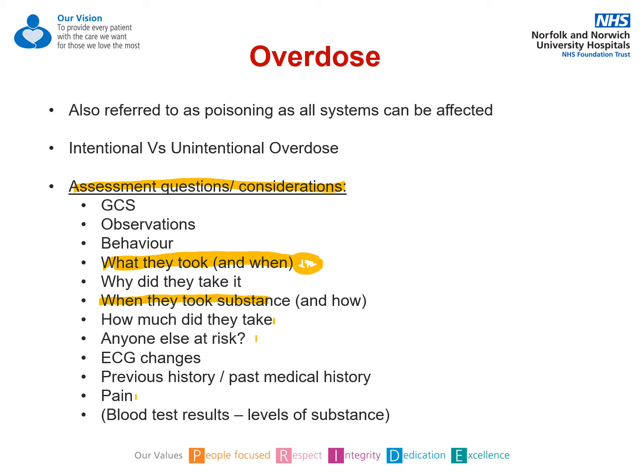That doesn't mean that we're going to call the police unless we are worried. We just need to know exactly what they have taken, or it might even be that they've swallowed or ingested a household product like bleach or something. So these are the sort of observations and assessments that we do as a nurse when they come in the department.